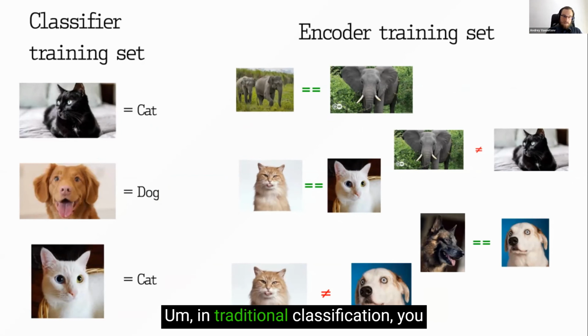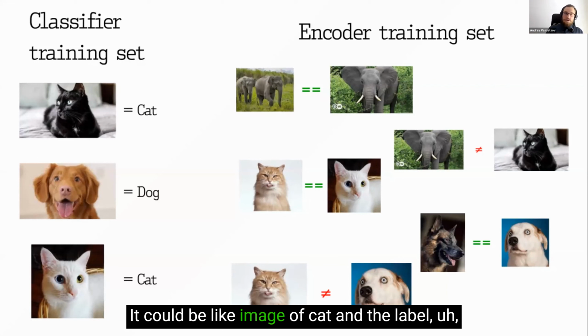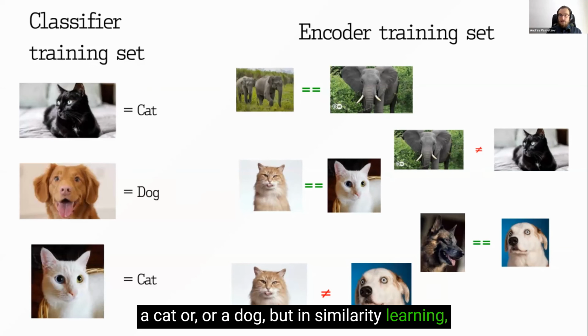In traditional classification, you have a set of objects, and for each object you need to assign some label. It could be an image of a cat, and the label says that this image contains a cat or a dog. But in similarity learning, it's a bit different.